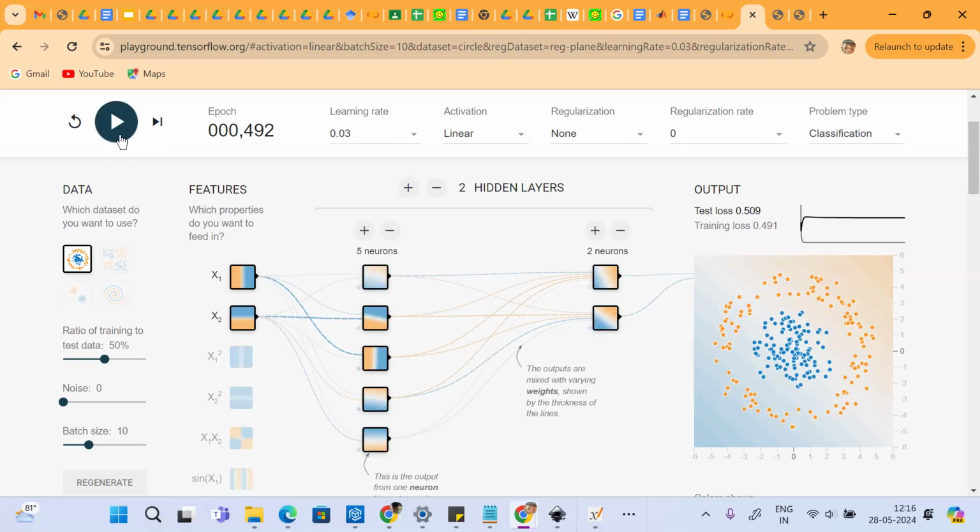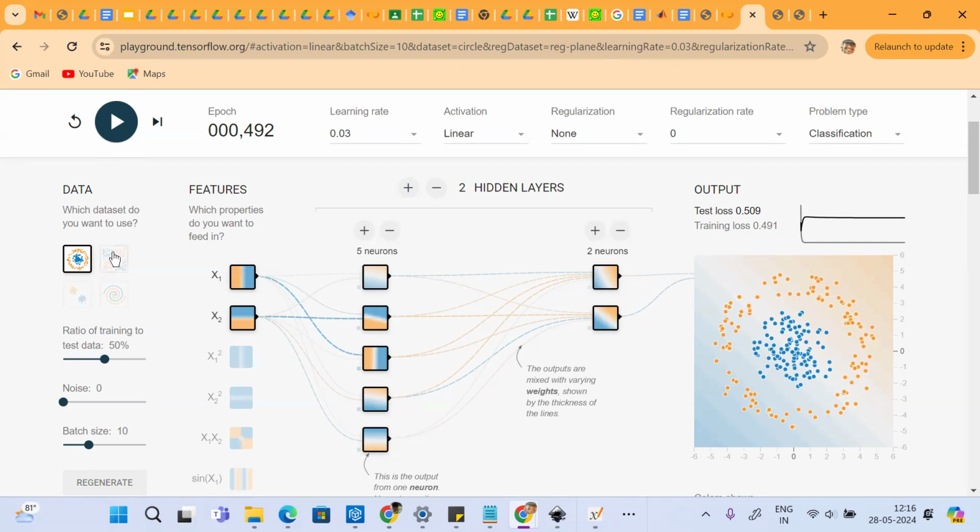Tanh and ReLU were able to classify. In both cases, the decision boundaries were different. In tanh, it was a regular circle-like curve, but in ReLU, it was made up of straight lines, like a hexagon or a heptagon.